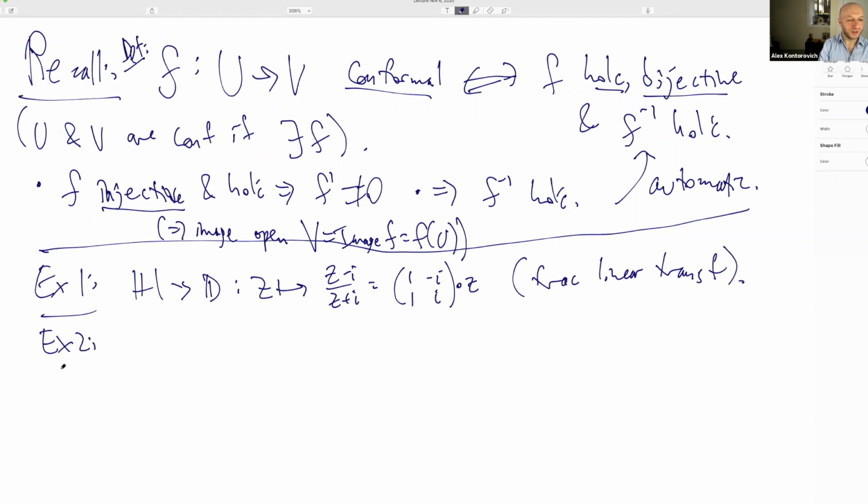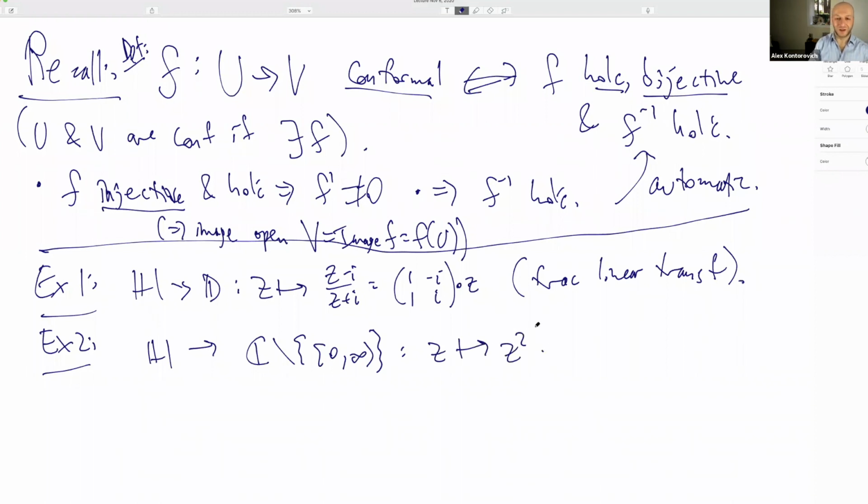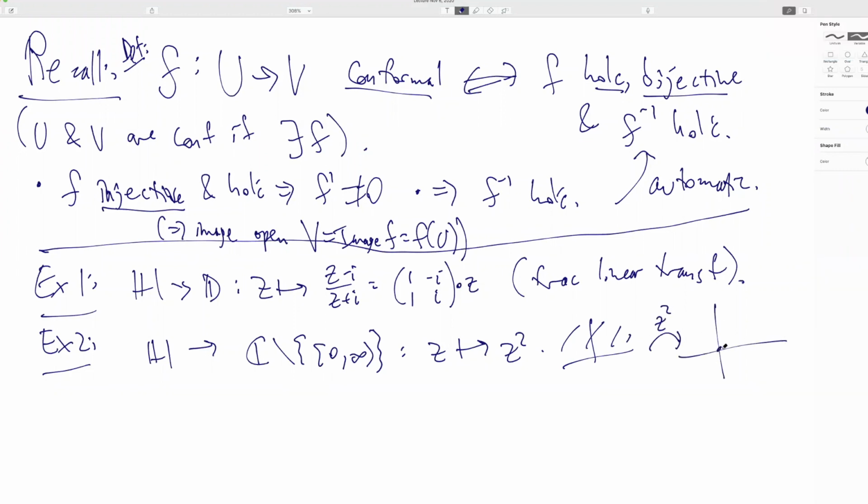Example two was the upper half plane to the slit complex plane, where you take out the non-negative reals, that takes Z to Z squared. Right, so this was how this region folds under Z squared onto the slit plane, and this part goes here, and this part goes here. And that's as much as we did, right?